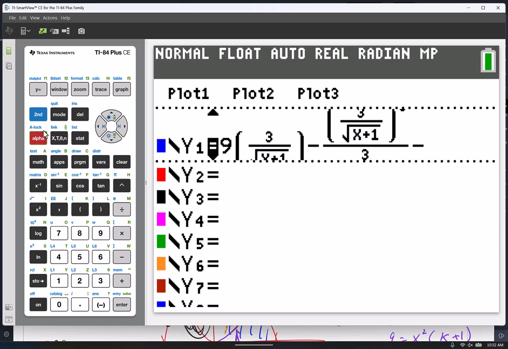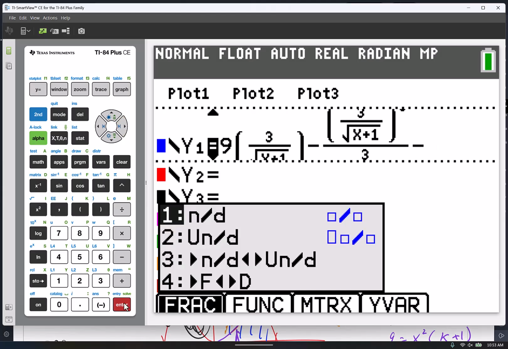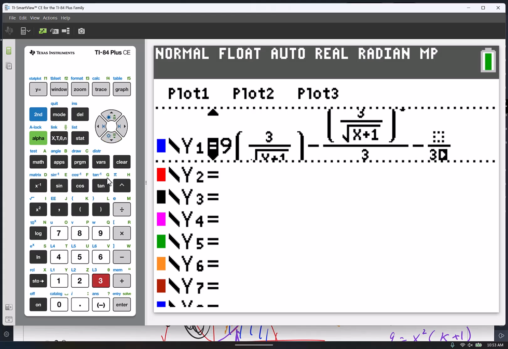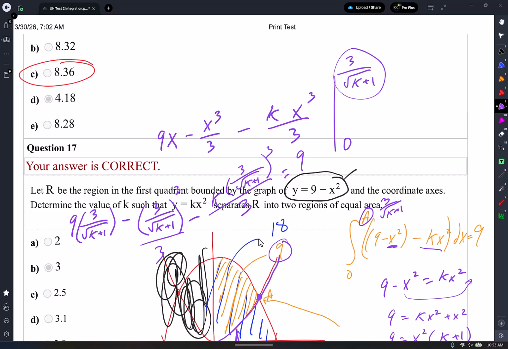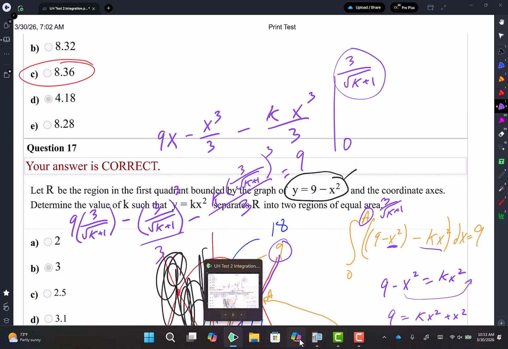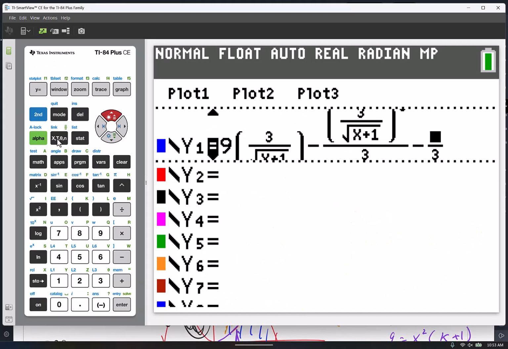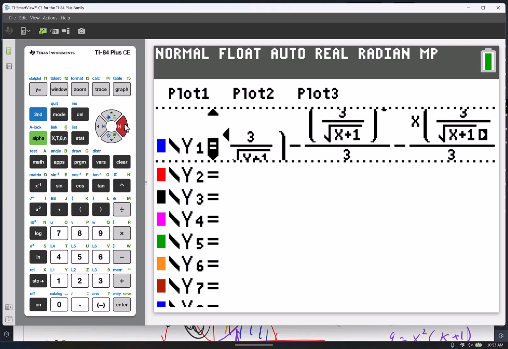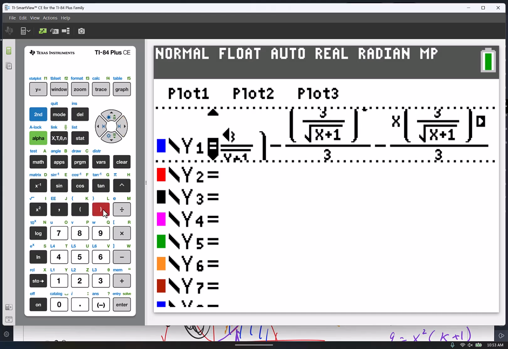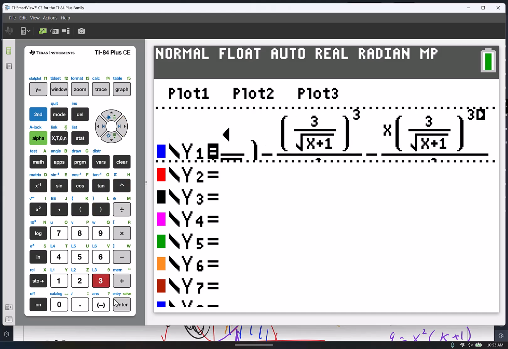And then I have alpha y equals, there's a 3 in the bottom again, right? And on the top, let's see, this time I think I have x times. So I'm going to write x, open parenthesis again, alpha y equals, enter. And then put 3 over the square root of x plus 1. Close this to what power? 3. Did I do everything correctly?